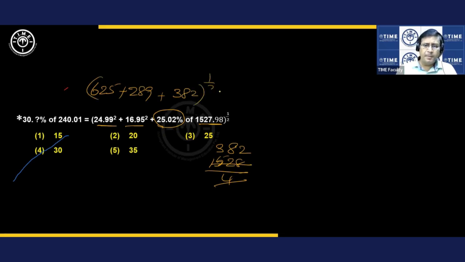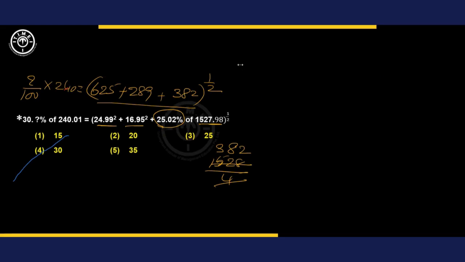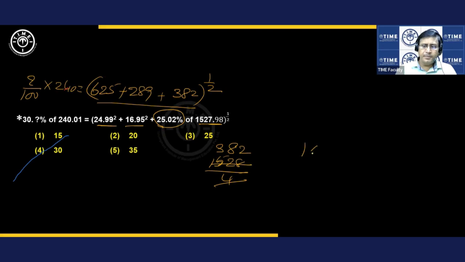Whole power 1/2, which is equal to question mark percent into 240. 240.01 means approximately 240. Now just add all these parts. Just add all the parts and observe. 1296, which is equal to 36 square. 36 square is equal to 1296.